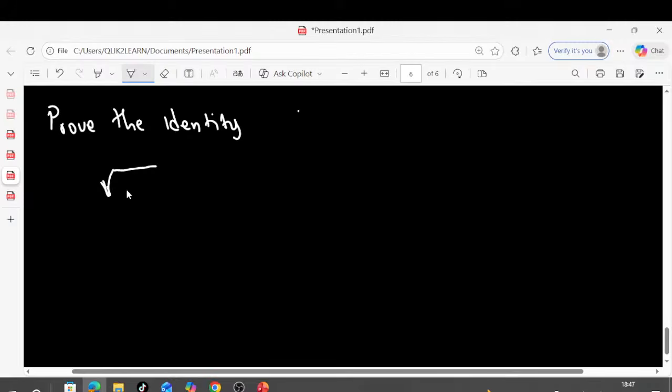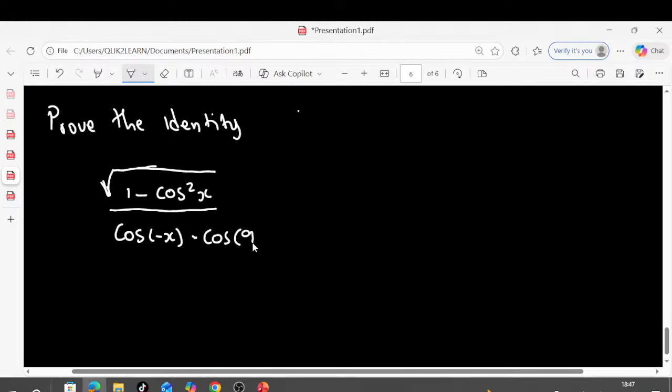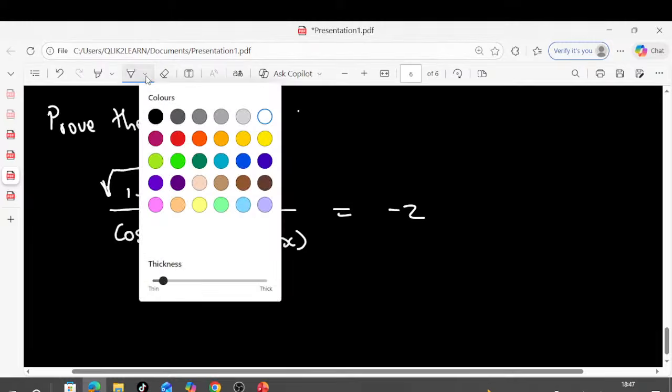The root of 1 minus the cos squared x, everything divided by the cos of minus x, multiplied by the cos of 90 degrees plus x. Let's prove that this is equal to -2. So already we know which one is the most complicated side.